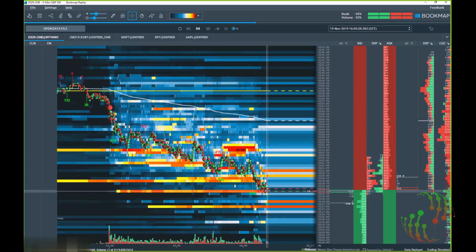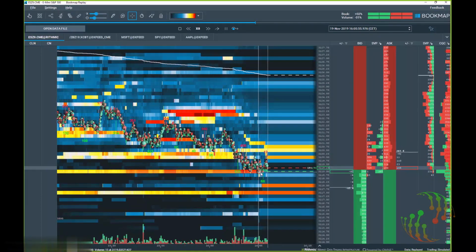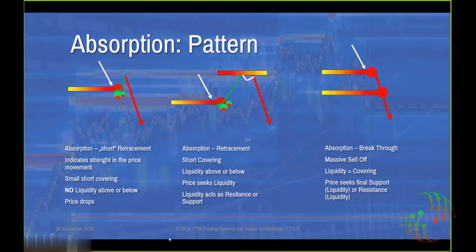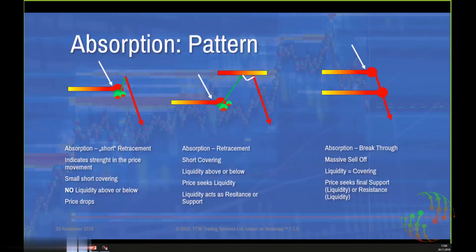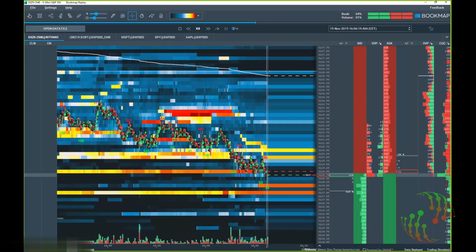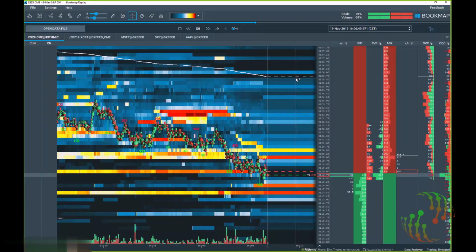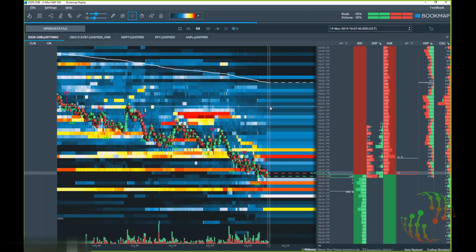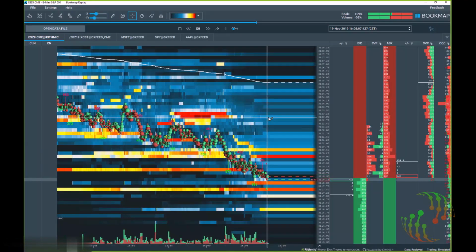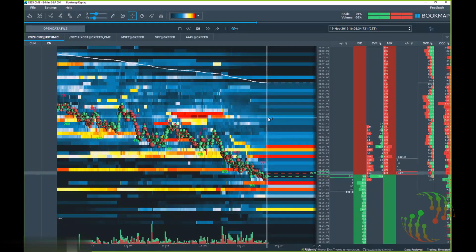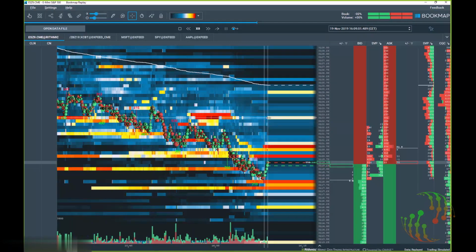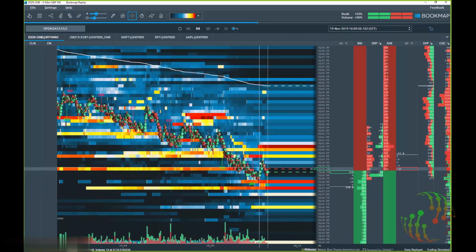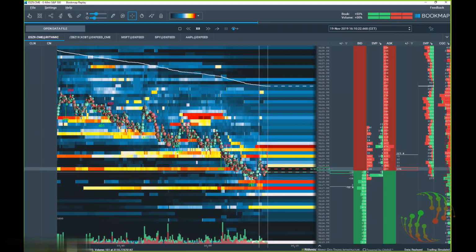Absorption here. Small reaction on this absorbed level here. Small reaction. It is this pattern. This could also be a stop run here. Hard to say.